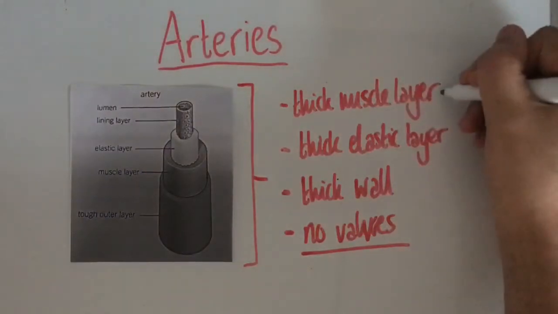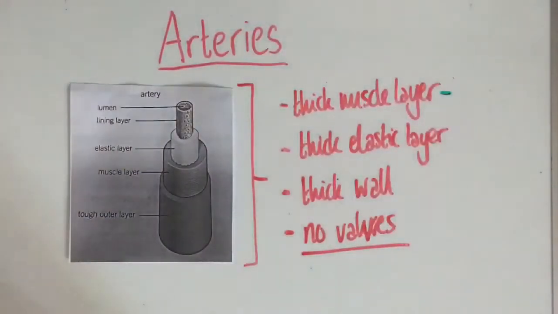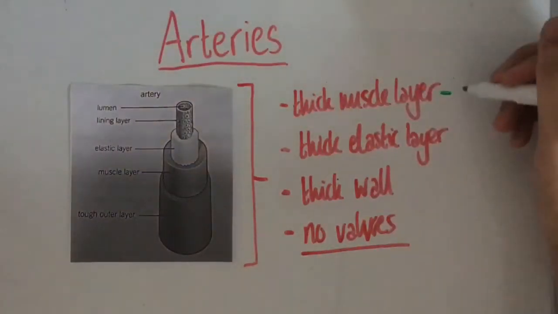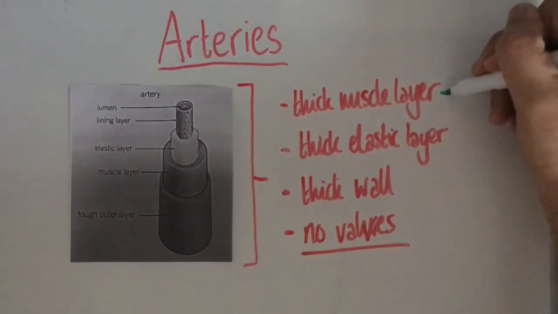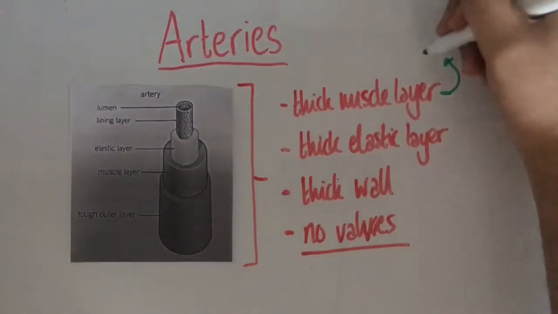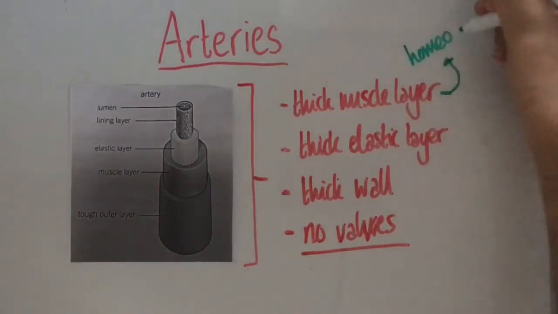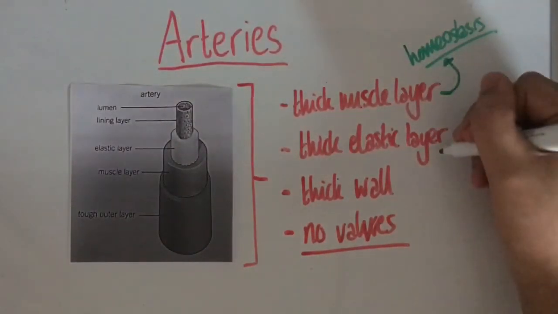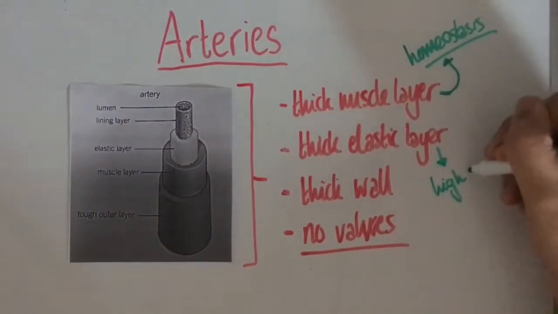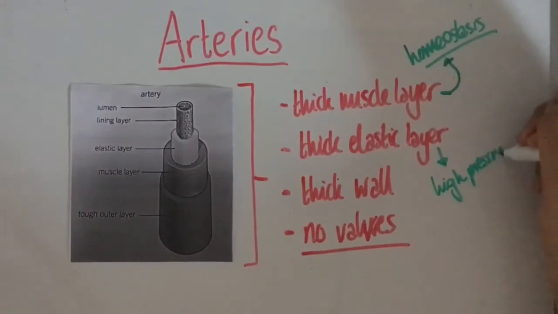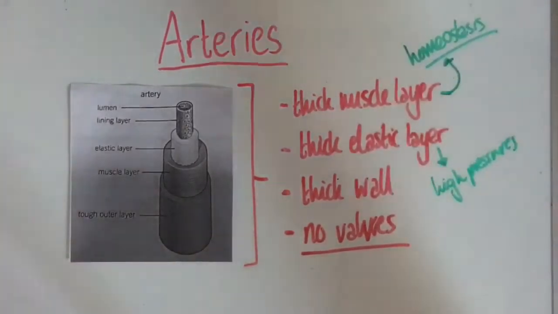So the muscle layer allows dilation or constriction in order to mediate how much blood can go through. So if we think homeostasis, the thick elastic layer helps maintain the high pressures that you have from the heart going outwards through the arteries.